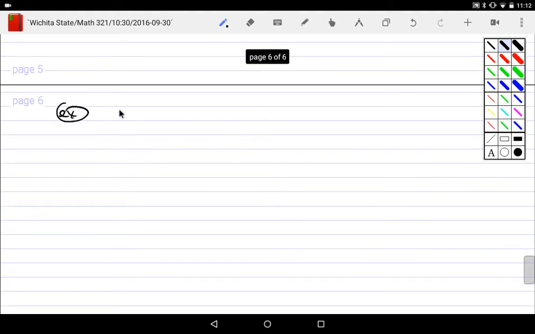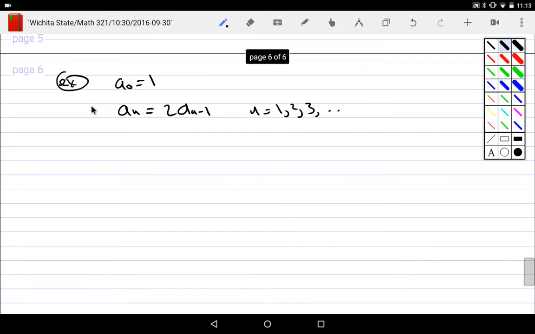I'm going to start off at 1, and a sub n is twice a sub n minus 1 is my rule, where n is equal to 1, 2, 3. I already know what the closed rule is. This will be 2 to the nth power. Now if I didn't know the closed rule, what could I do? The idea of forward substitution is to do this.